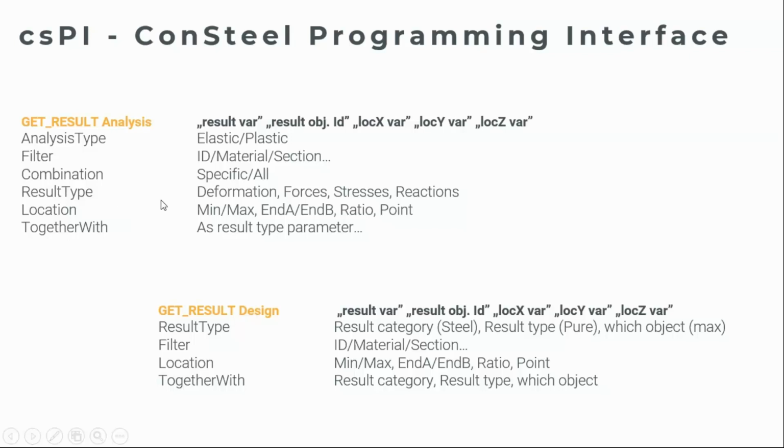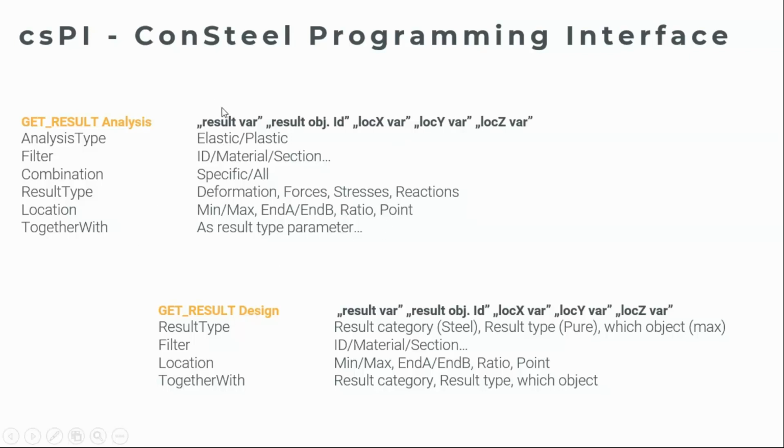You choose what type of results you are interested in: deformations, forces, stresses, reactions, and some location info such as minimum and maximum values, and from a certain distance from an end point or a start point of a member. You can give that via a ratio, which has to be a value between 0 and 1, and you can combine it with different parameters and different result types if you want to.